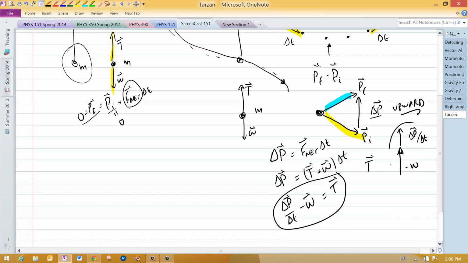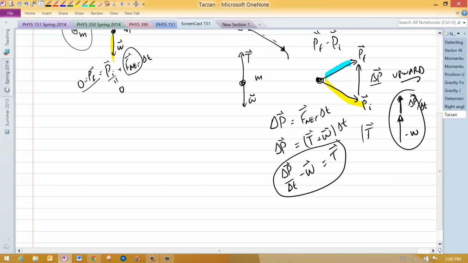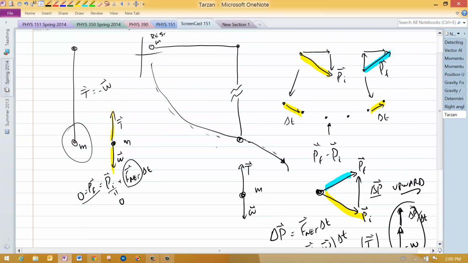So in order to make it without the vine breaking, I need a much bigger tension. The magnitude of the tension has to be greater than the magnitude of the weight. And if that magnitude gets to be too big, then the vine will break and Tarzan will fall. And that's why the tension force has to be larger than the weight at the bottom of the swing.